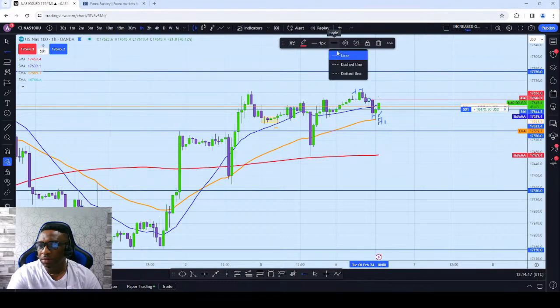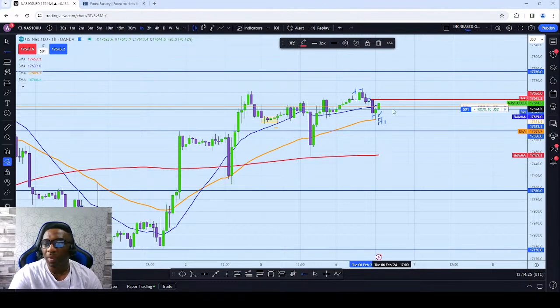If it goes well, we can target taking our profit here, or, as I showed you about these key levels where you see these blue lines, the next key level here is 17,750.